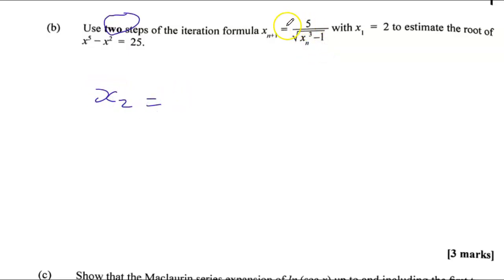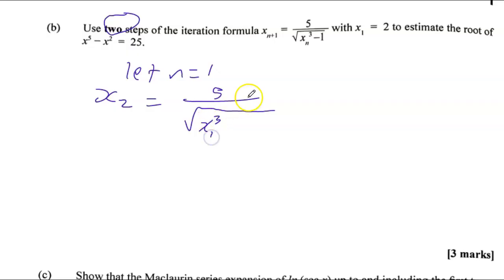Now to get x2 would mean that you need to replace n with 1. So if we let n be 1, that's how you get x2. 1 plus 1, 2. So x subscript 2 is equal to 5 over the square root of x subscript 1 cubed minus 1.